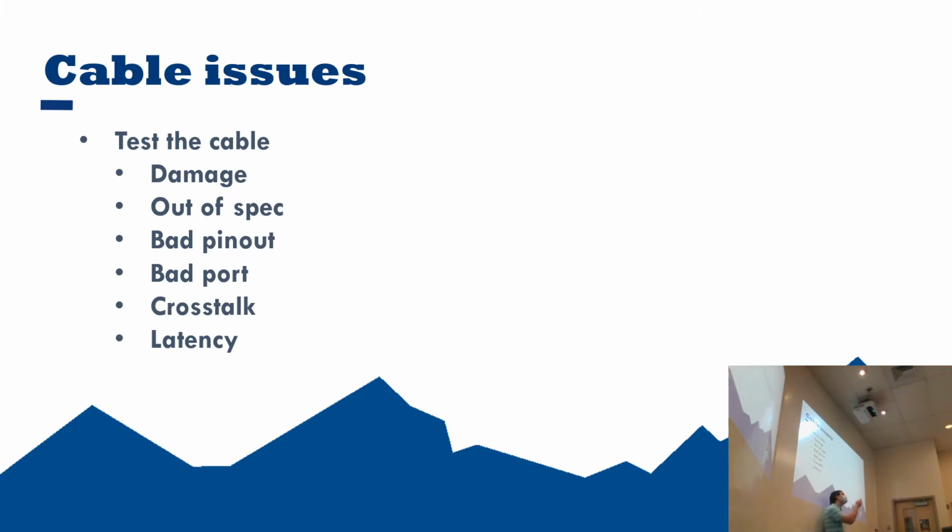So, for instance, if we were to run non-insulated cable through this ceiling here, you think it might have some issues with crosstalk. Why? Yeah, got a bunch of fluorescent lights. Okay, why else?